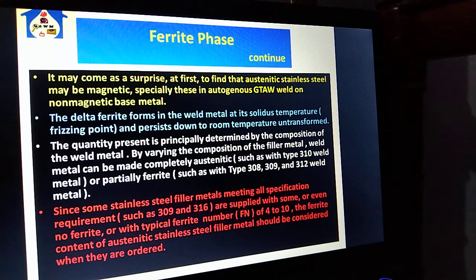Some stainless steel filler metals meeting all application specifications, such as 309 and 316, are supplied with some or even no ferrite, or with a typical ferrite number, FN, of 4 to 10. This ferrite content of austenitic stainless steel filler metal should be considered when they are ordered.